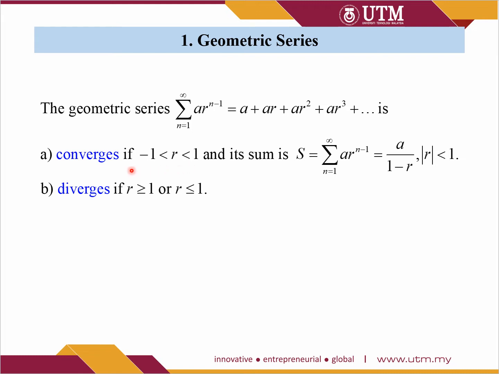Since it converges, we can find the sum of the series, which is equal to a over 1 minus r. So this is the formula to determine the sum of the geometric series. And the geometric series diverges if the common ratio r is greater than or equal to 1 or less than or equal to negative 1.